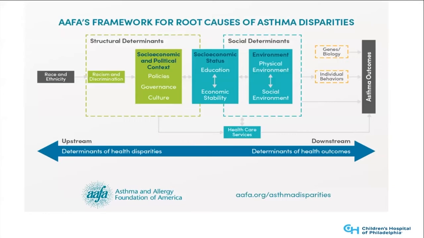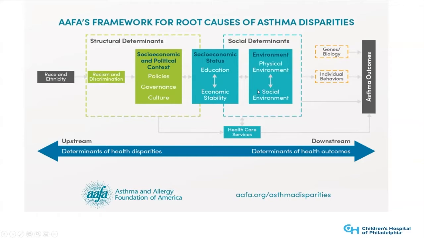So here's a model that was created by APA that could be applied to any chronic disease, but this was created for asthma. It shows that we have structural determinants and social determinants, which are the upstream and midstream forces of racism, which lead to health outcomes.